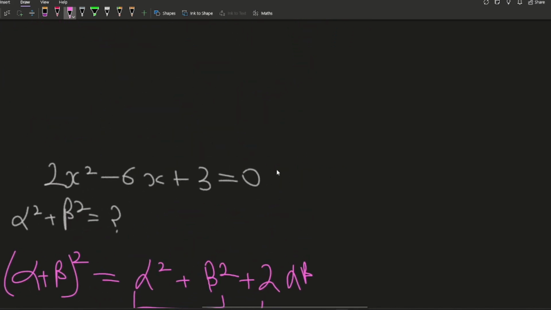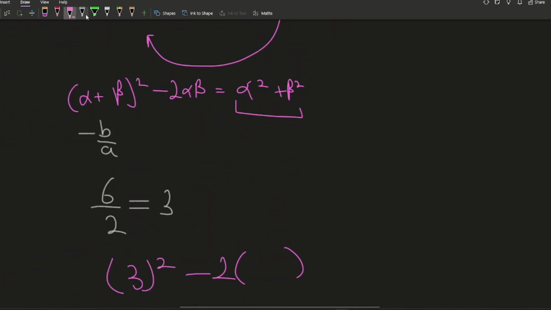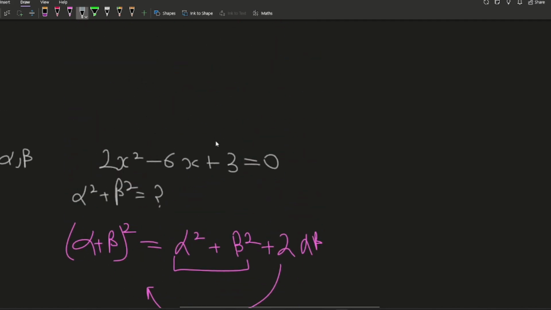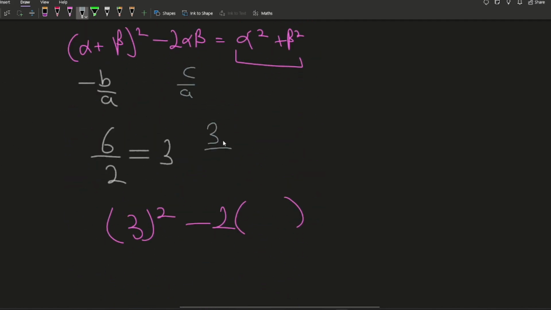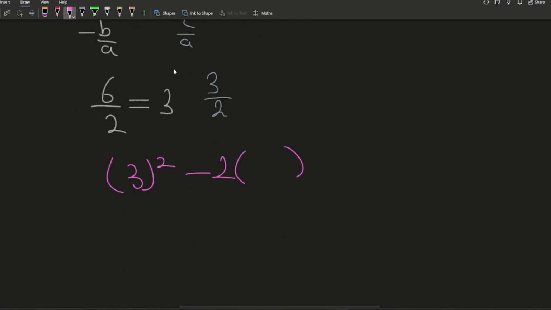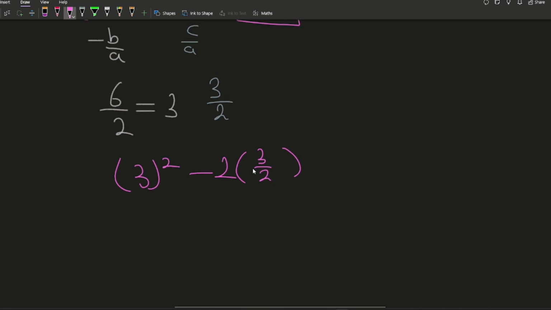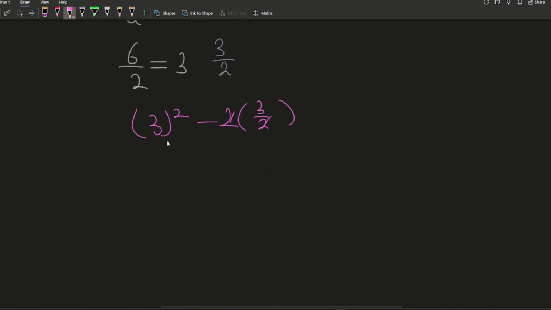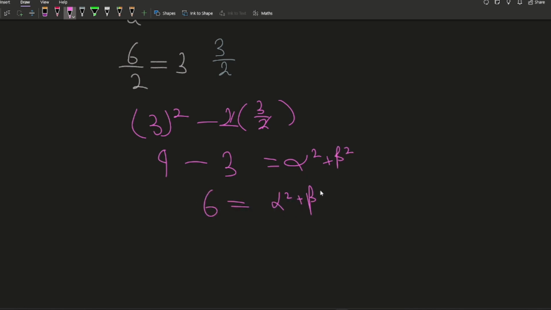Product of roots is c over a, right? C over a. C is 3 and a is 2, so 3 over 2 is our alpha beta, the product of roots. 2 and 2 get cancelled. 3 3s are 9 minus 3 equals alpha square plus beta square. So alpha square plus beta square will be equal to 6.